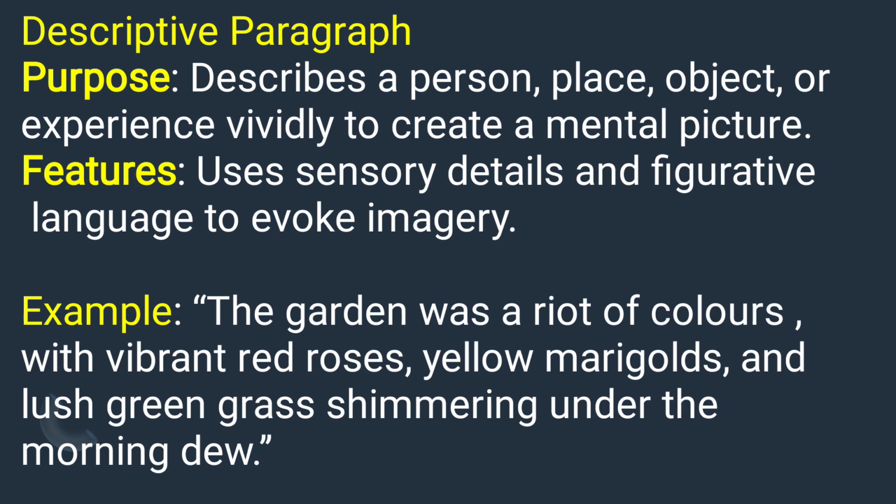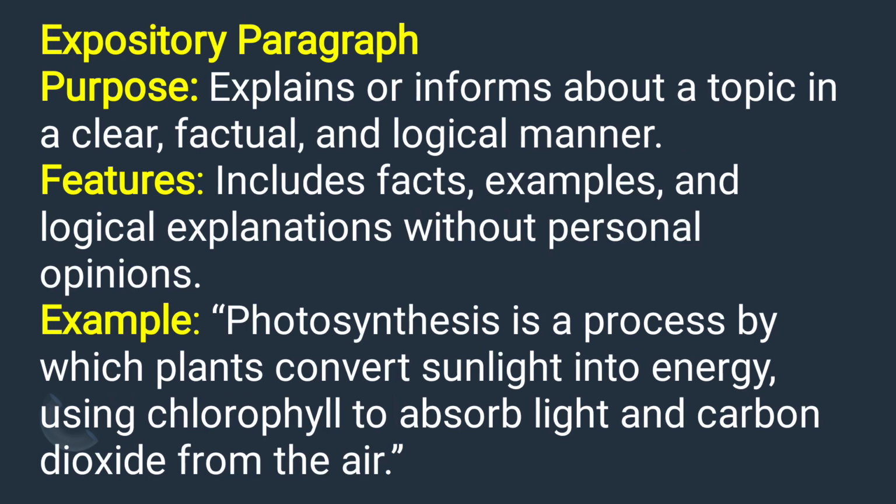It is figurative. For example, if I say the garden was a riot of colors with vibrant red roses. Now you can imagine there is a garden and the garden was full of red roses, yellow marigolds and lush green grass shimmering under the morning dew.